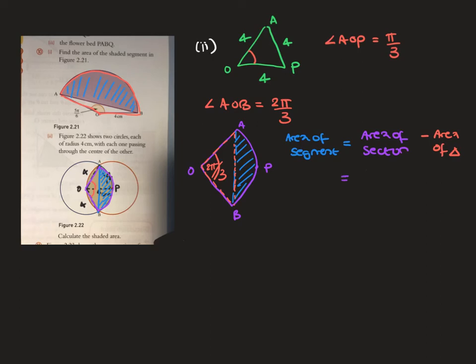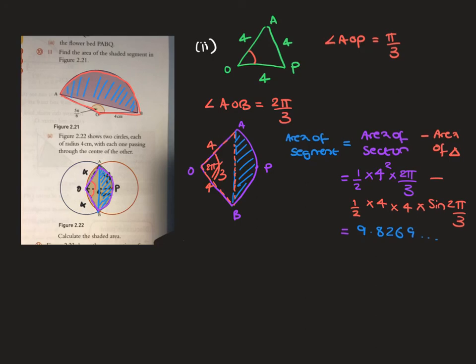So the area of the sector is a half multiplied by 4 squared multiplied by theta, which is 2 pi by 3 in this part of the question. And then we're taking off the area of the triangle, which is a half multiplied by 4 multiplied by 4 multiplied by sine 2 pi by 3. And this gives me the area of the blue segment as 9.8269... as a decimal form.